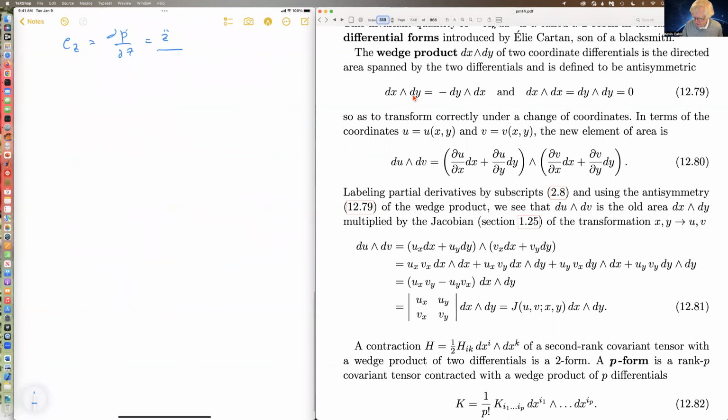Well, maybe here I'll do it on the board. Here, if you have, this is dx, that's dy, and they aren't necessarily perpendicular. Then you have an area here that's given by basically the cross product of the two, if you're in three space.